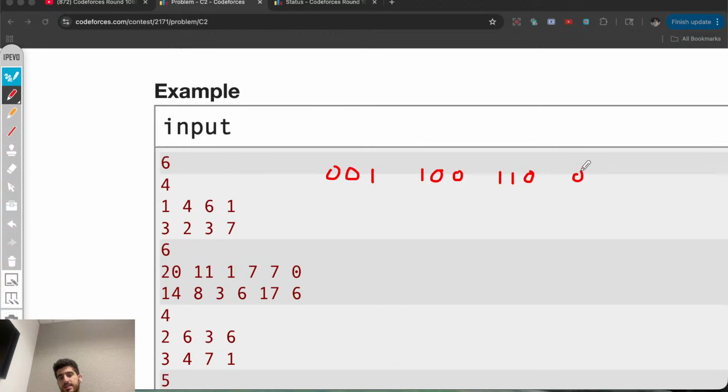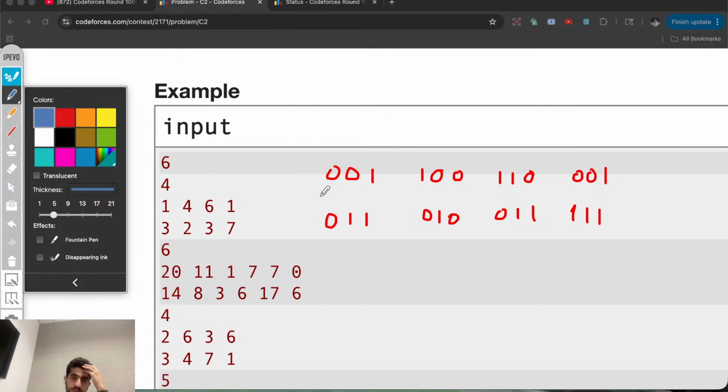For 1 again is 001. For 3 is 011. For 2 is 010. For 3 is 011. For 7 is 111. So first we consider the most significant bits.